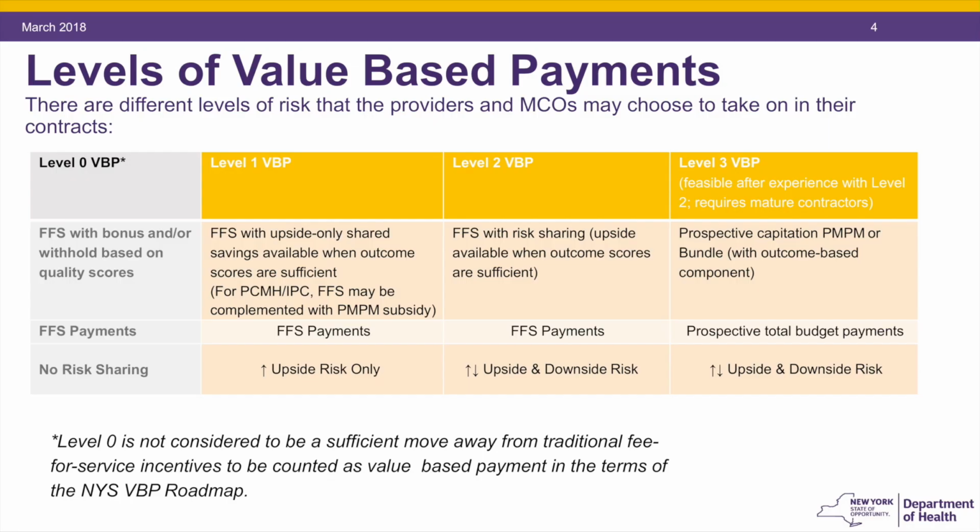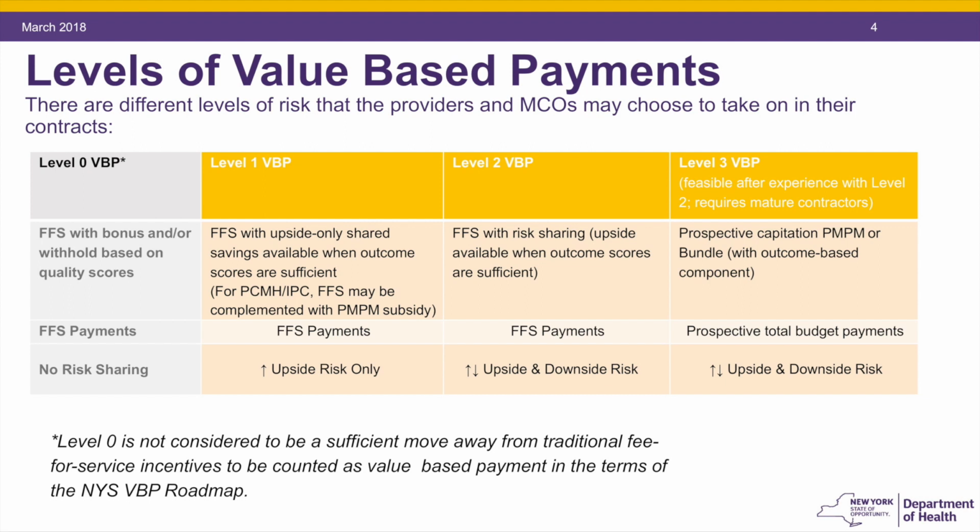Next slide, please. This, again, is another introductory slide just to talk about levels of value-based payment and what we in the state consider to be a value-based payment. So the yellow highlighted areas are VBP level 1, level 2, and level 3. Those are the state-designated value-based payment arrangements. Level 1, you are probably familiar with.